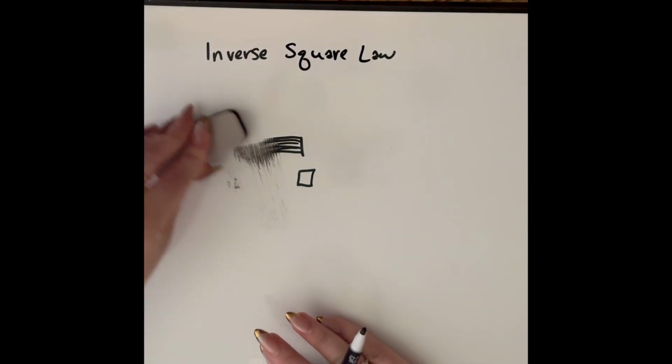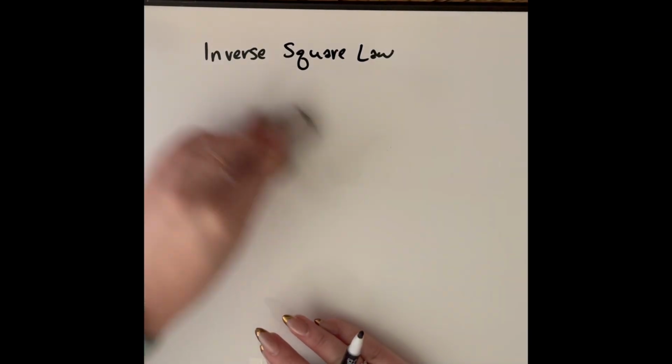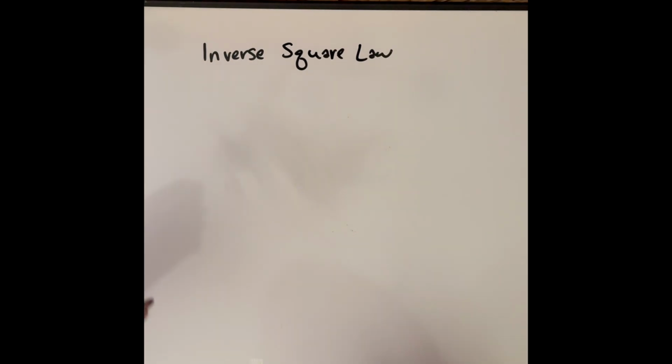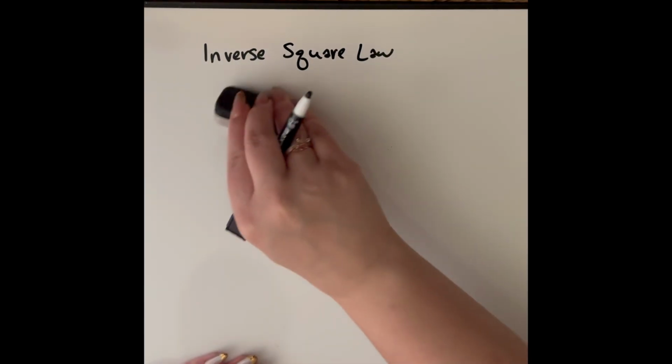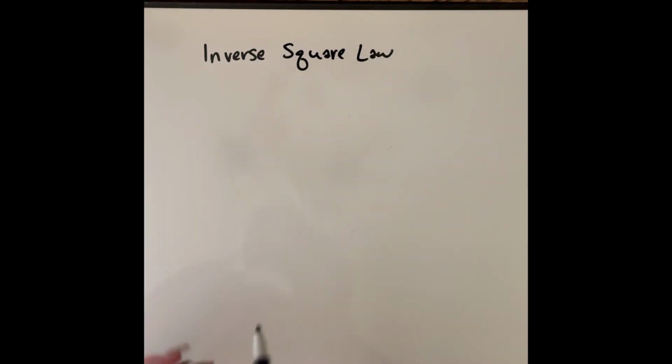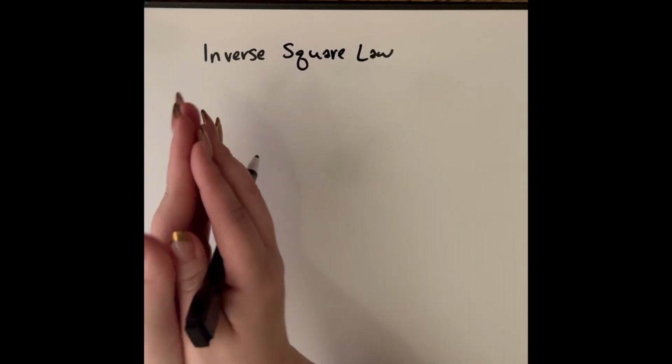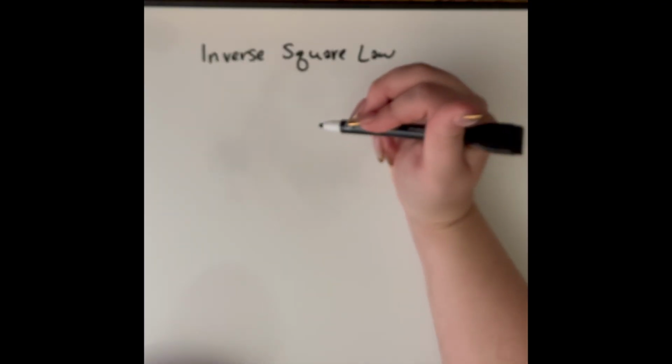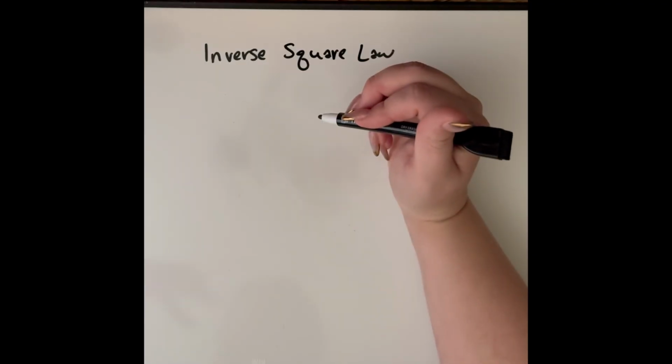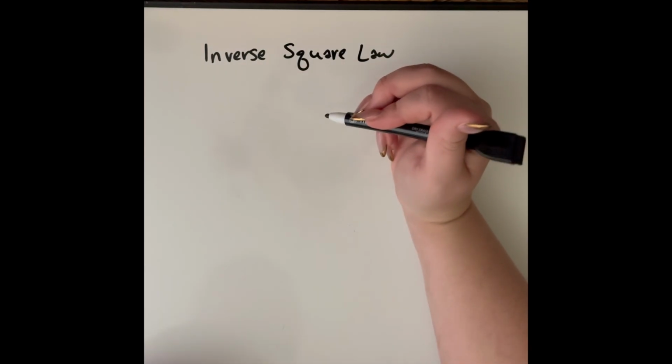So all in all, the closer our X-ray tube is to the image receptor, the more intense or the more X-rays we will see at that image receptor. And the further away it is, the less X-rays would actually make it all the way to the image receptor. So our inverse square law is just the math behind that principle.